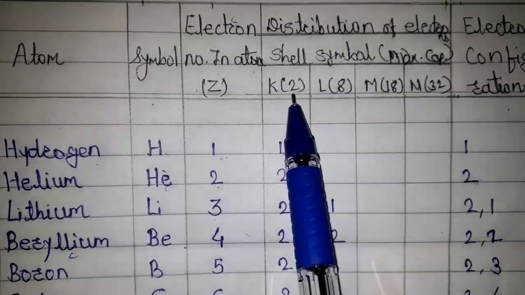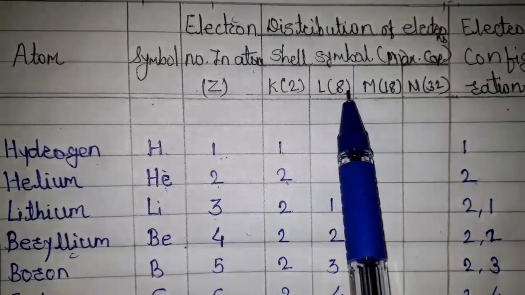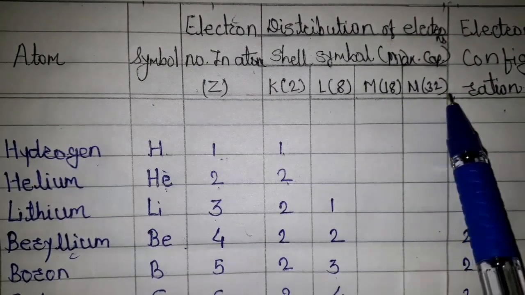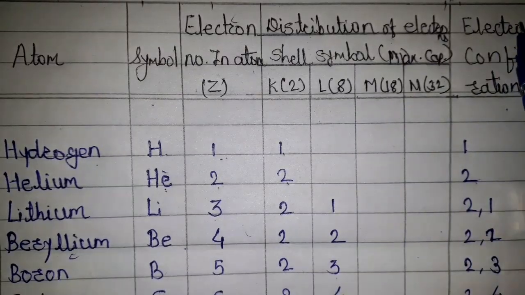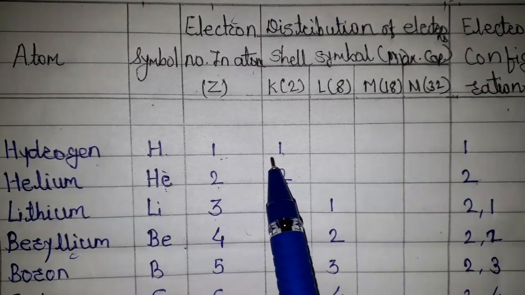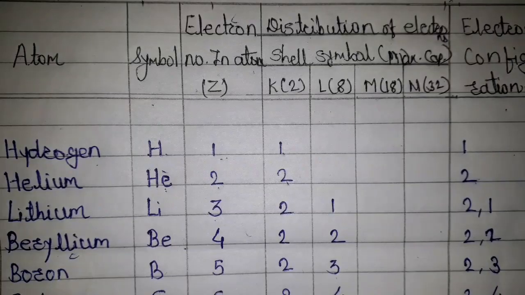We also see the maximum shell capacities: K 2, L 8, M 18 and N 32. These are the maximum capacities of the shells. This shell-wise distribution we collectively write as the electronic configuration.